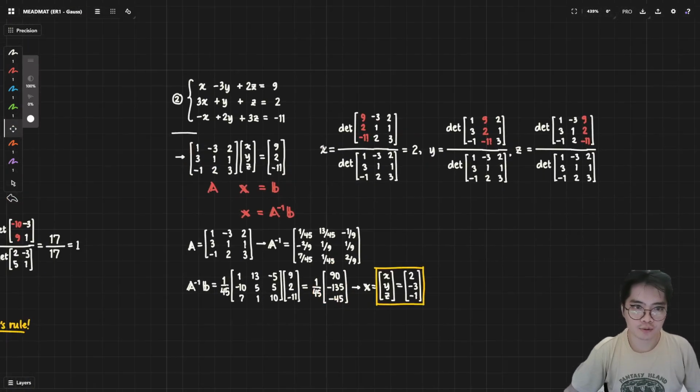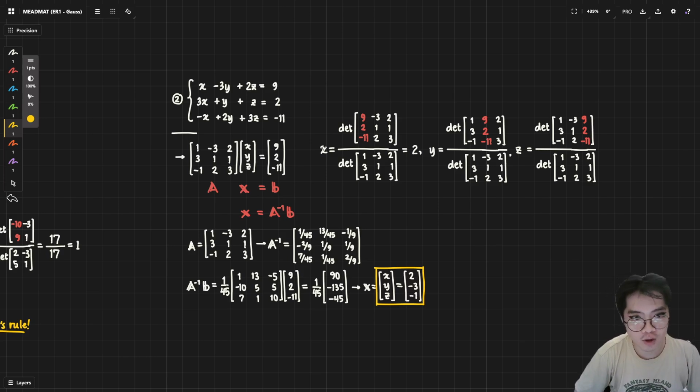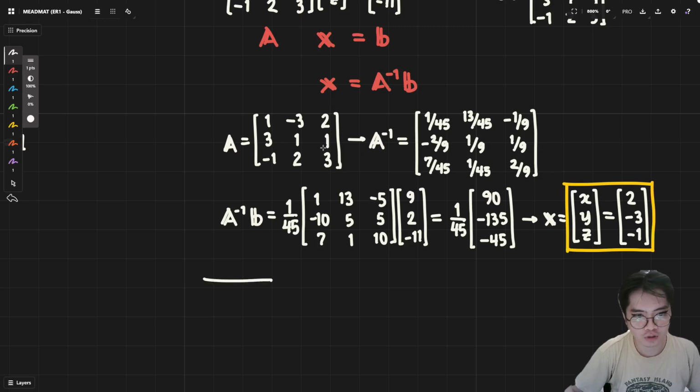Okay, now this depends on if you can get determinants easily, which is still somewhat related to getting the inverse. So if you do not want to get the inverse, you can just do Gauss-Jordan elimination.